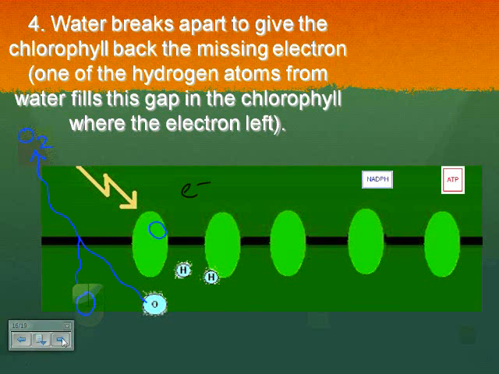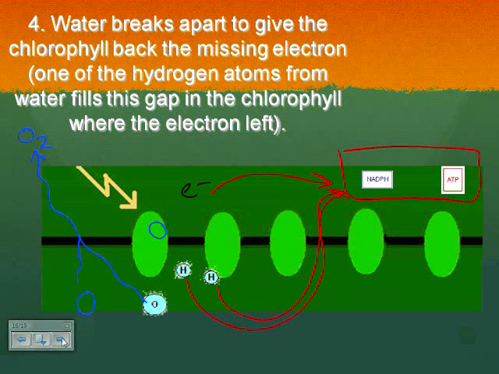What's actually going to happen is that these hydrogen molecules and the electron are going to jump over and turn NADP into NADPH, and going to turn ADP and a lone phosphate into ATP. We're going to build some ATP molecules.